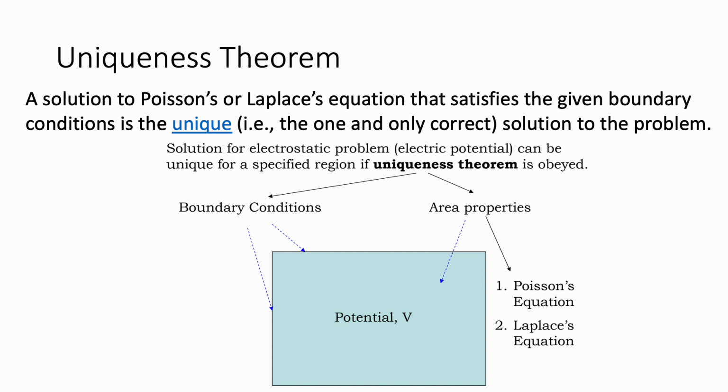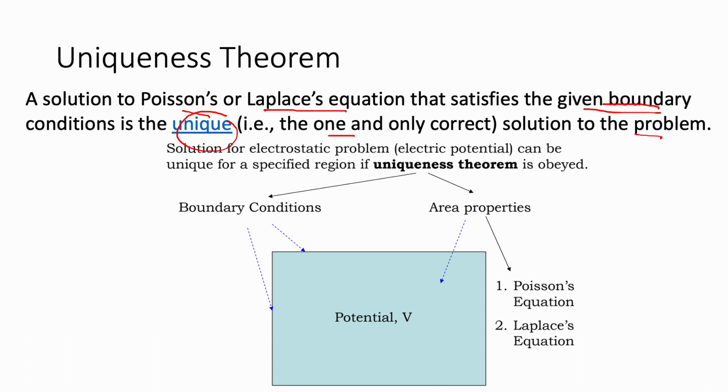A uniqueness theorem is a solution to Poisson's or Laplace's equation that satisfies the given boundary conditions. We say this solution is unique because it is the one and only solution that solves that particular problem.